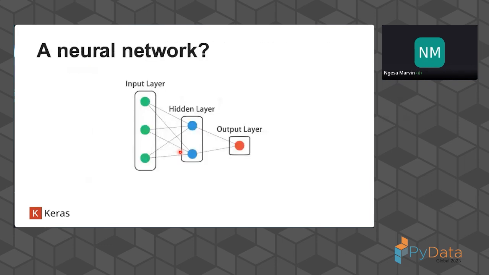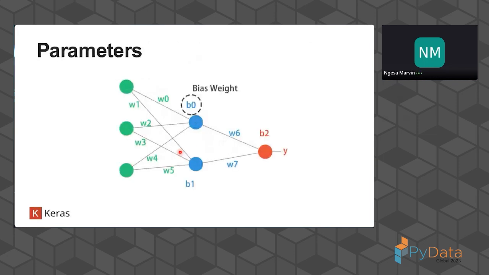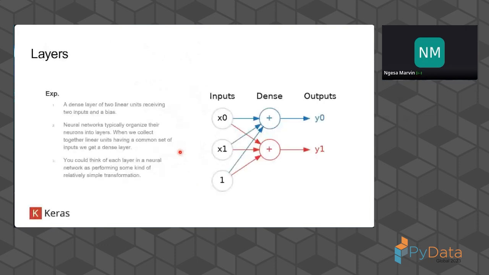Okay, so yeah, and then maybe we can now move to something called a neural network. I've talked about neurons. I've talked about layers, and you know that a layer is basically a linear unit that is able to receive an input, do some processing, and then give an output.